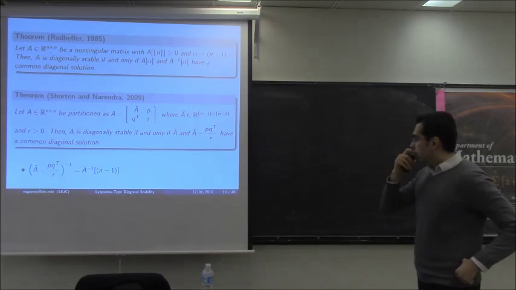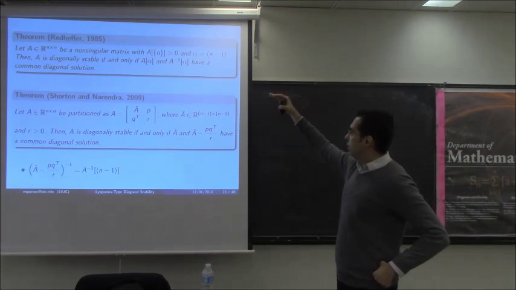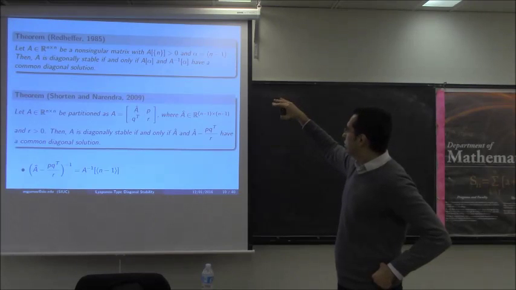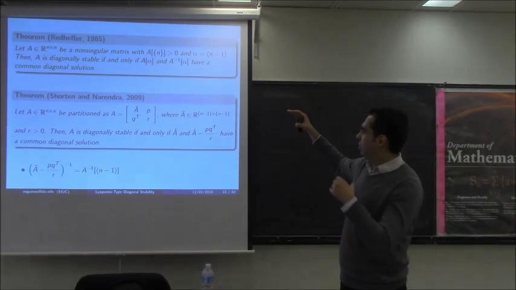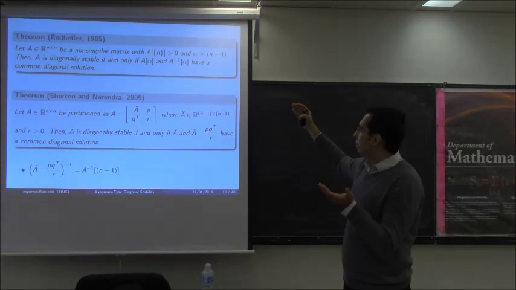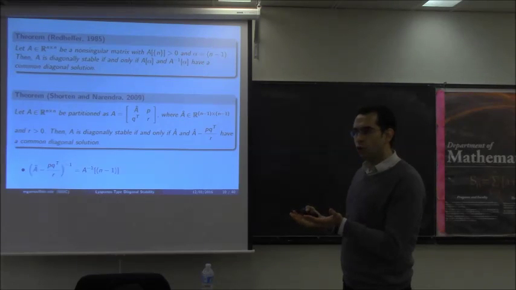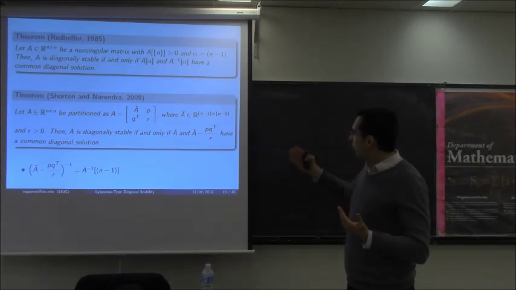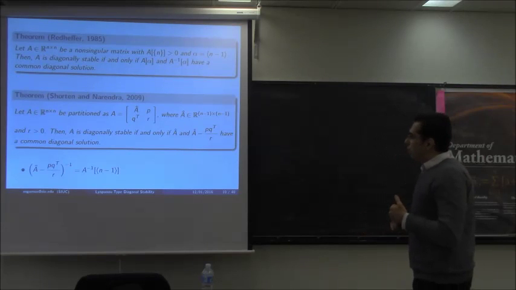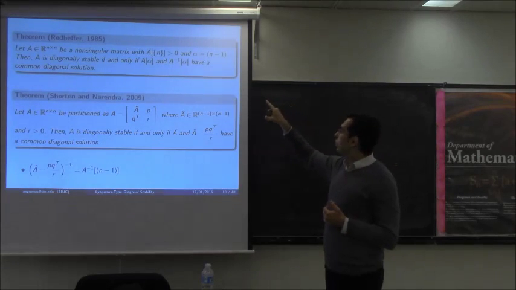Now, first of all, the proof of Redheffer's theorem is quite lengthy. Shorten and Narendra give an alternative proof using the Kalman-Yakubovich-Popov lemma from systems and control theory. And they restate this result without using an inverse here.